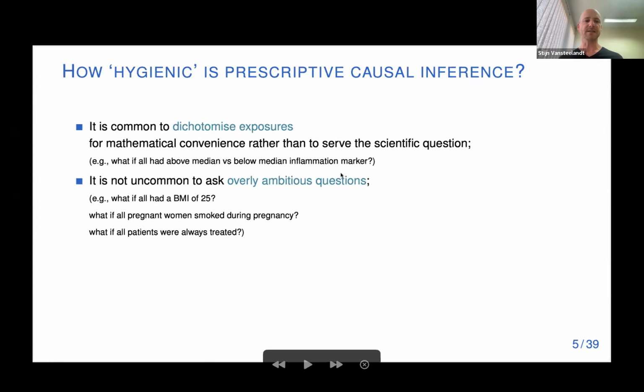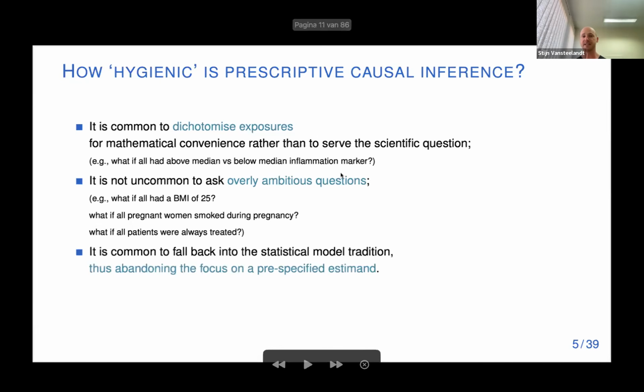And even questions that may seem simple, like what if all patients were always treated? may quickly end up being overly ambitious, because over time we may find that certain treatment options are not feasible for certain individuals. And then questions like this can end up being overly ambitious.